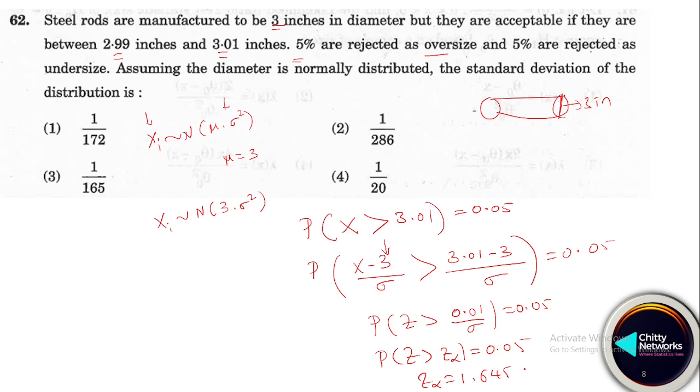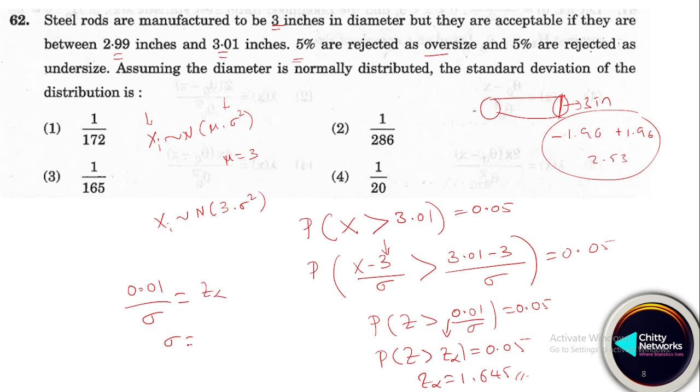This is a well-known result. Other constant standard values are 1.96, minus 1.96, plus 1.96, and 2.53. This is a two-tailed test because they are rejecting on either side. So the value of z alpha is 1.645. Equating the two, 0.01 divided by sigma equals z alpha, which is 1.645.